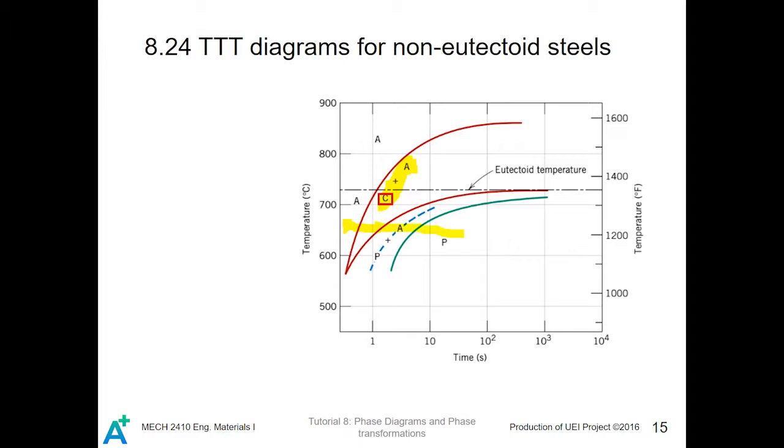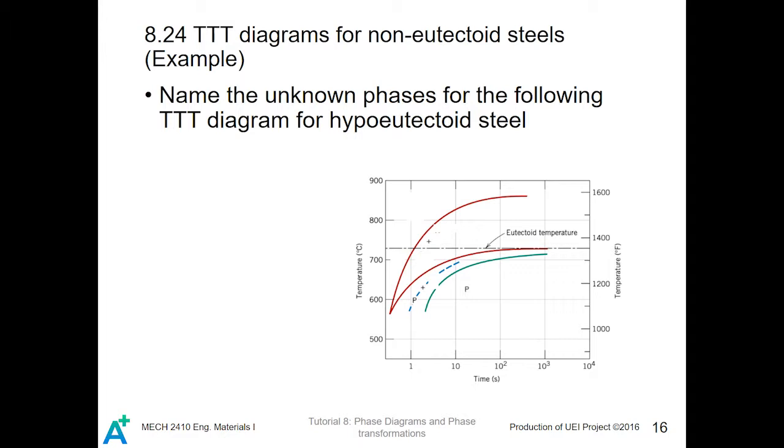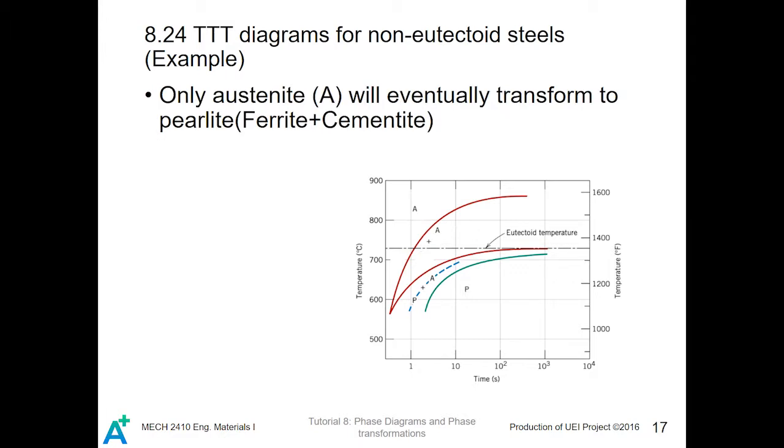And we will use an example to illustrate my idea. Name the unknown phases for the following TTT diagram for hypoeutectoid steel. The first thing is only austenite will eventually transform to pearlite. Always remember that, because the reaction equation on the left hand side is the austenite, and that's why at this region it must be austenite, and also in this region it must contain austenite.